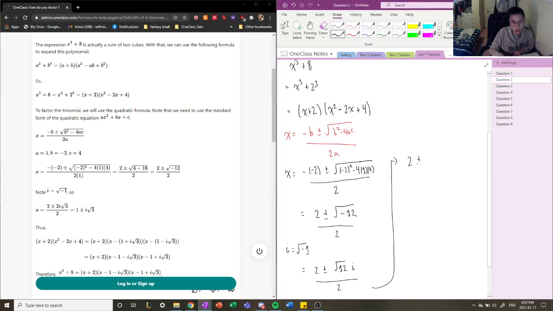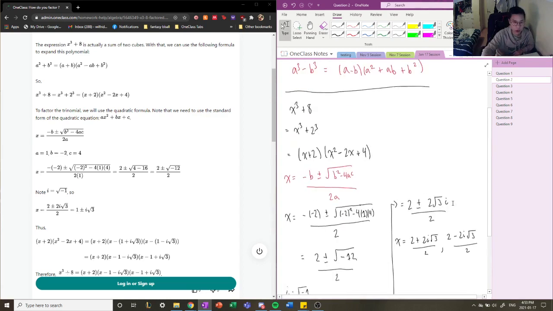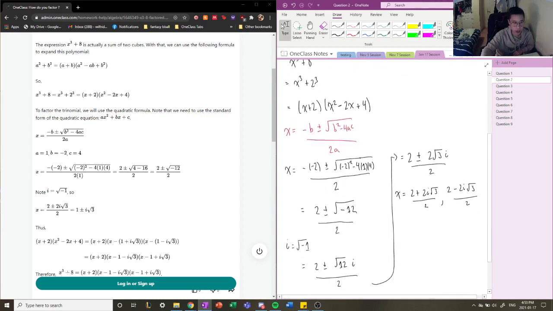So 2 plus or minus 2i root 3, divided by 2. And therefore, our zeros are 2 plus 2i root 3 divided by 2, and 2 minus 2i root 3 divided by 2.